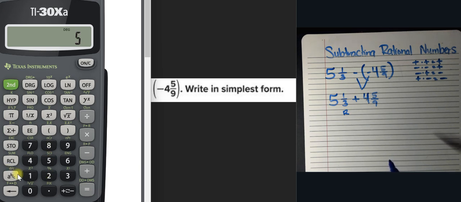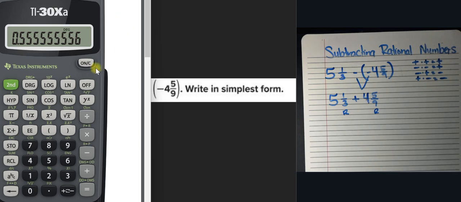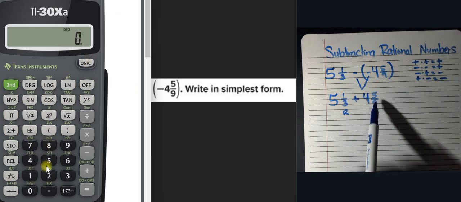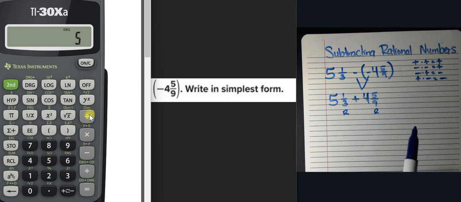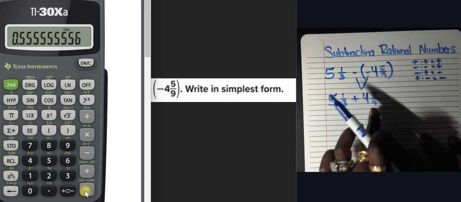So 5 divided by 9, and no, that's actually a repeating decimal as well. Another way, remember, that you can do it is if you're looking at the fractional amount only, so the 5/9, you can also use division, right? 5 divided by 9, and we get the same thing. So both of those are repeating decimals. So we need to keep everything as a fraction.